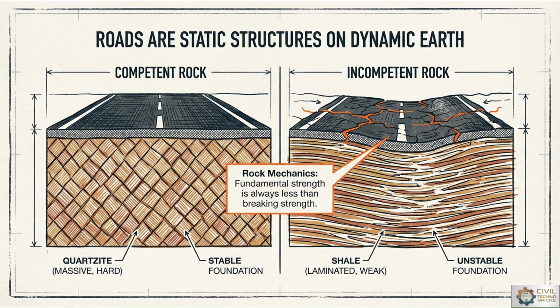In rock mechanics, the fundamental strength is always less than breaking strength. Here in picture 1, quartzite, a massive and hard rock, is available, which provides a stable foundation for the roadway embankment, so that the surface of the road is stable and compact. In the second picture, shale-like stone, which is laminated and weak in strength, is available, which provides an unstable foundation for the embankment of the roadway.